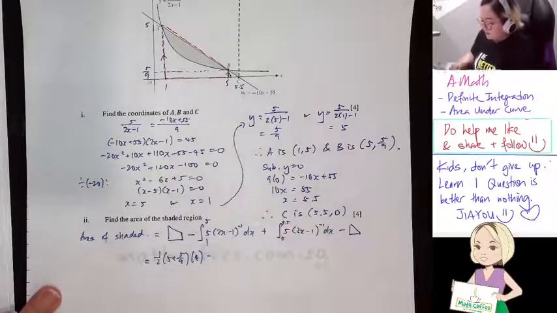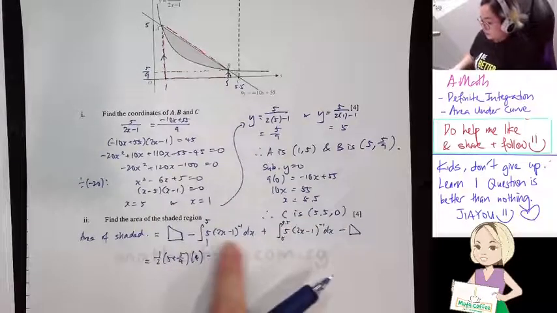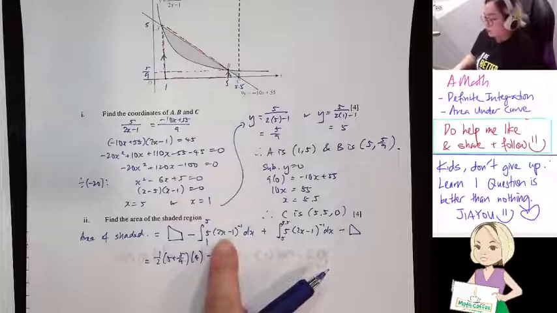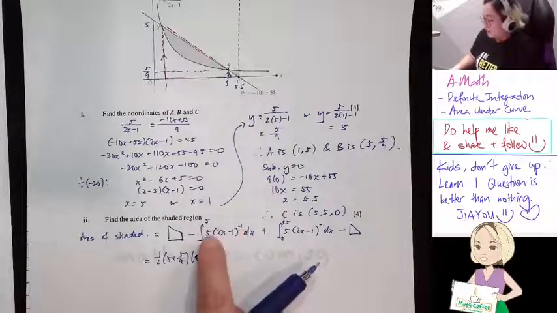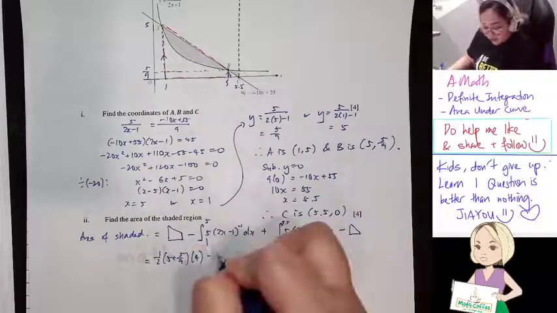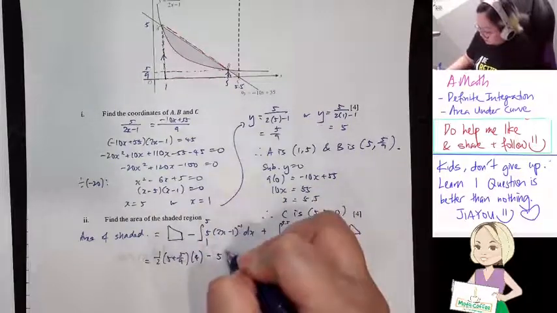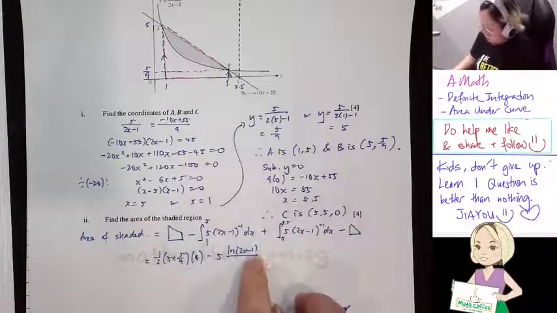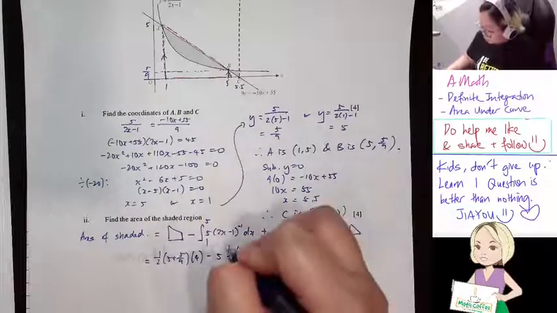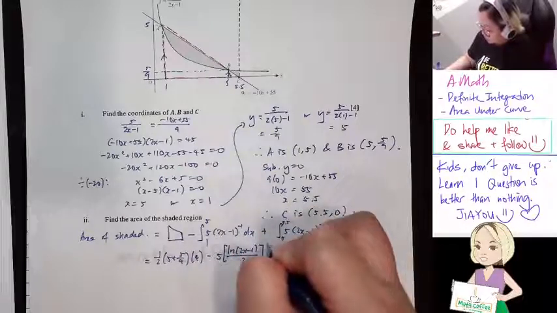Okay, minus. Now we're supposed to integrate this one. Because it's 1 over (2x minus 1), it's actually a log. The 5 I can put outside. So it's 5 ln(2x minus 1) over, differentiate the inside, which is 2. And I'm supposed to sub in 5 and 1.